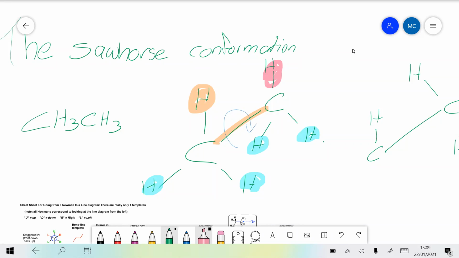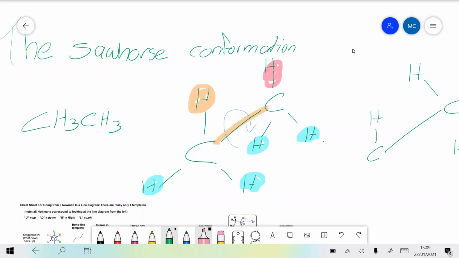But the Sawhorse, we are looking at a molecule through one of its carbon-carbon bonds. As an example, I'm doing ethane, okay? If you have ethane, you're going to have a carbon-carbon bond, and all the hydrogens will be at 120 degrees.